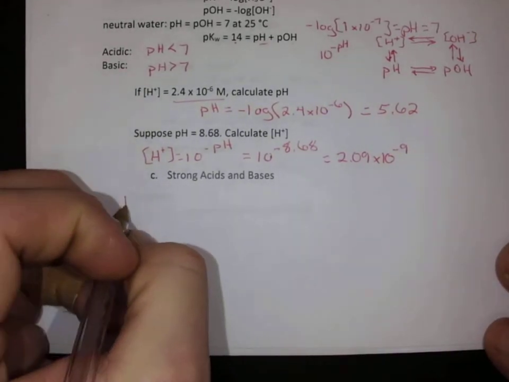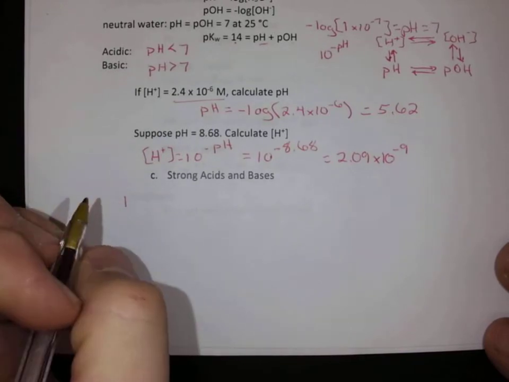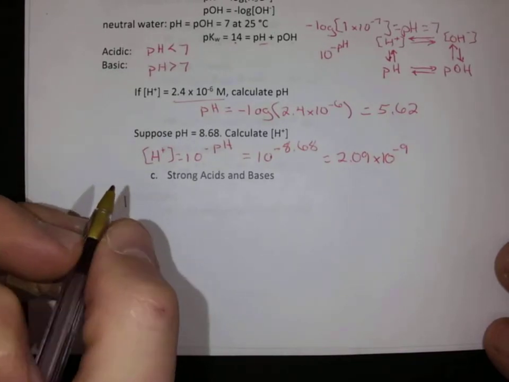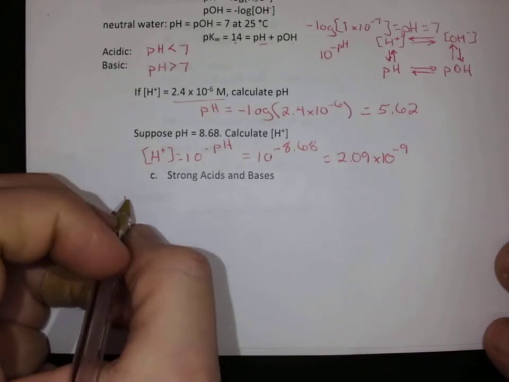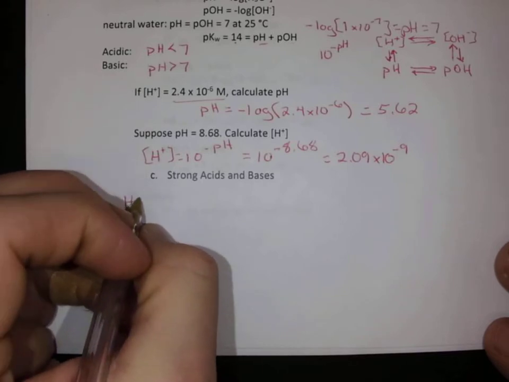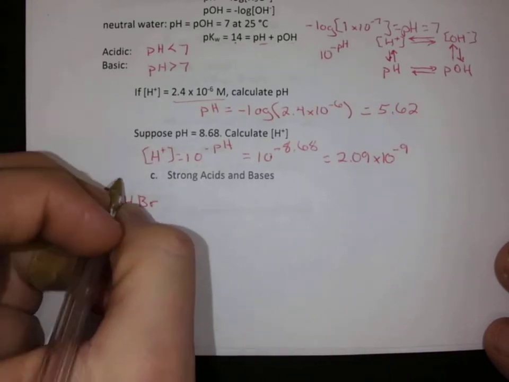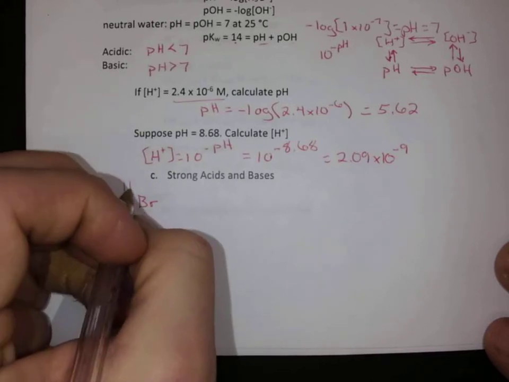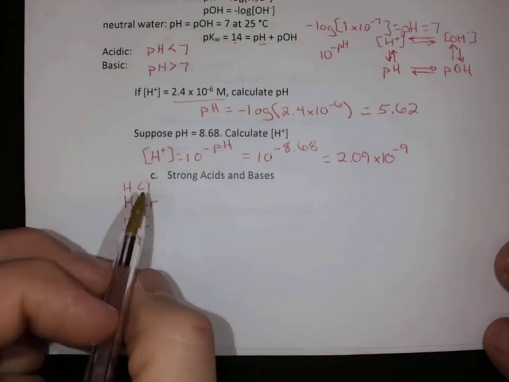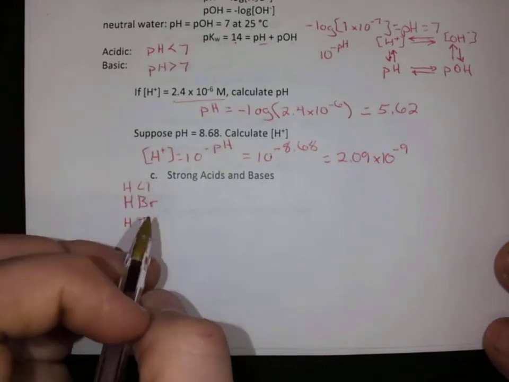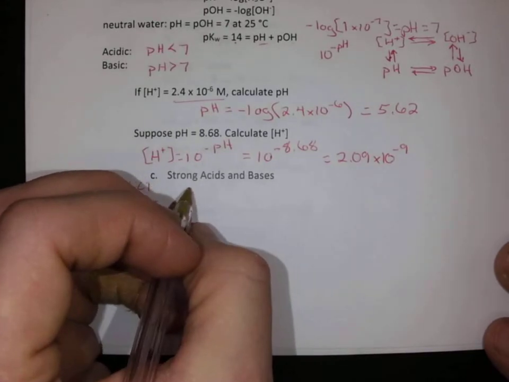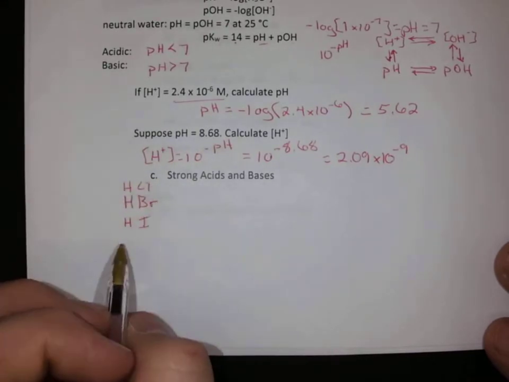Strong acids, right? Essentially, we want to see, hey, how stable is that conjugate base? So our strong acids, we have HBr, HI, HCl, right? If we think about the conjugate bases of these, we have Cl minus, Br minus, I minus.